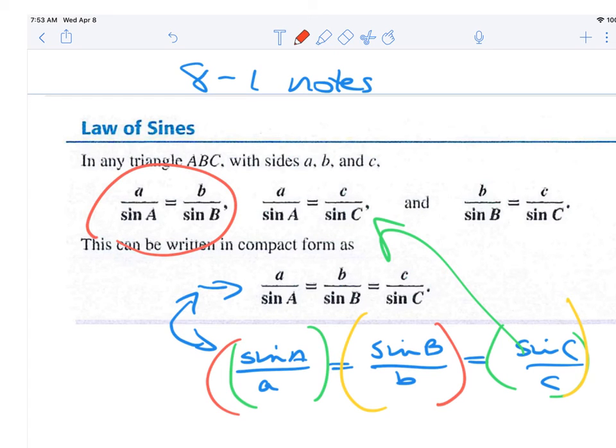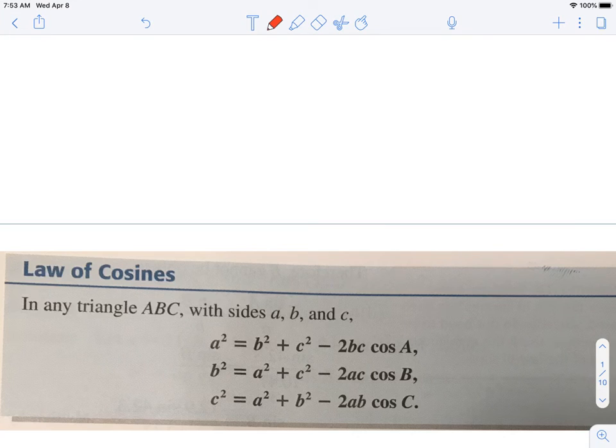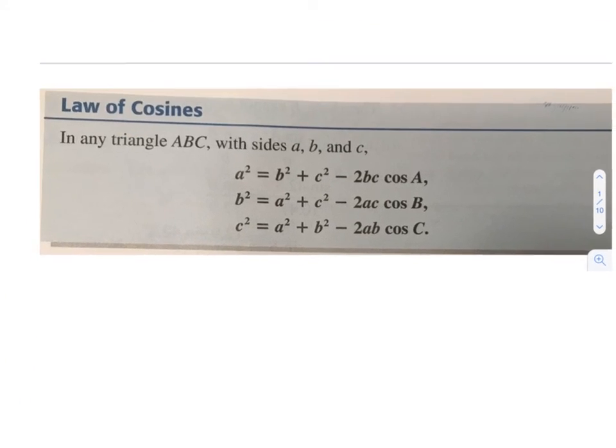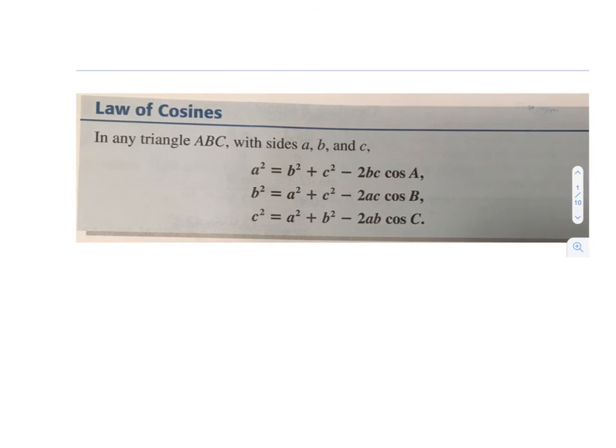Now from 8, again, this was the law of cosines, and this is just a screenshot from the notes. I believe it might be number 4 or 5 that's worked out. These are the formulas that you're going to memorize.